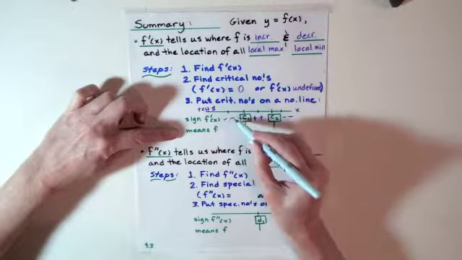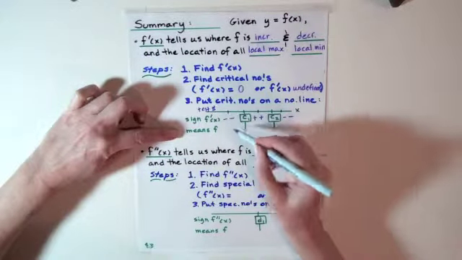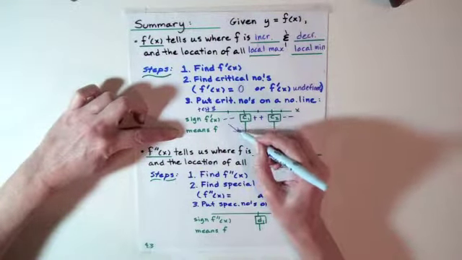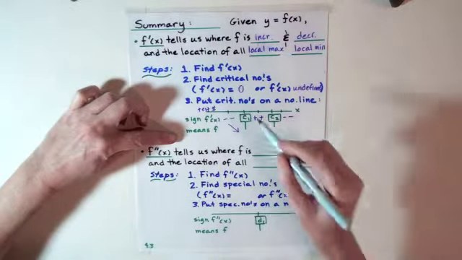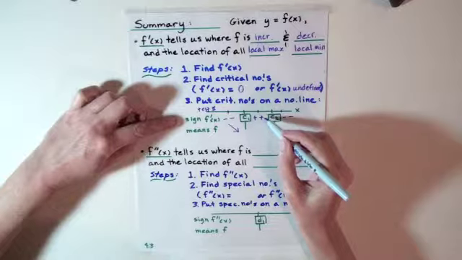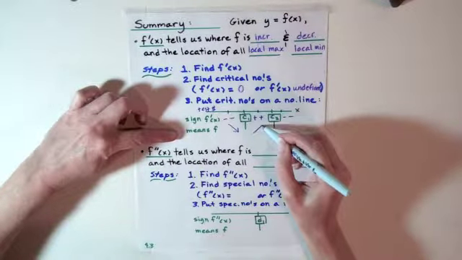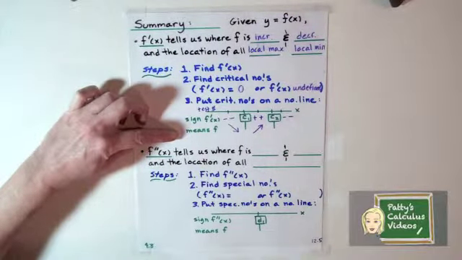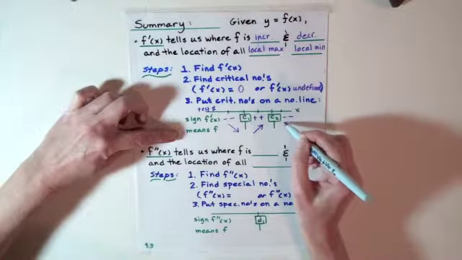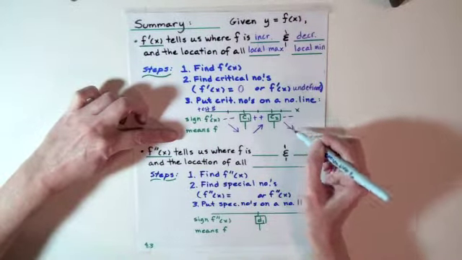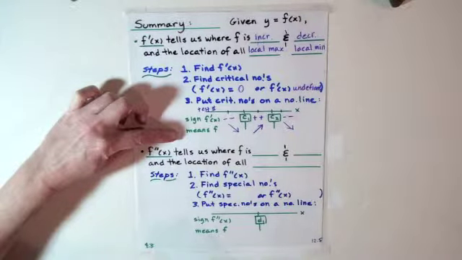If its derivative is negative, then f is decreasing. And we draw a little schematic diagram by showing an arrow that goes down. If f prime is positive, remember that means that f is increasing. And if f prime is negative, it means the function switches again and f is decreasing.